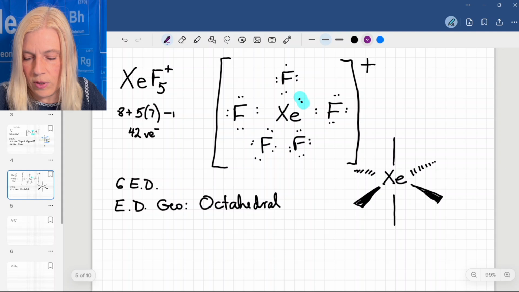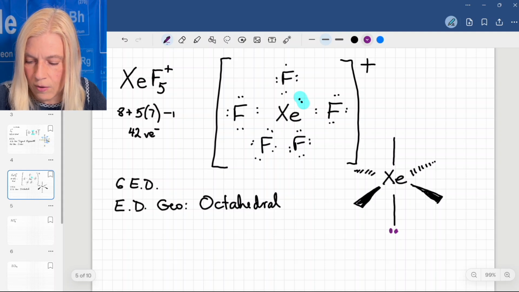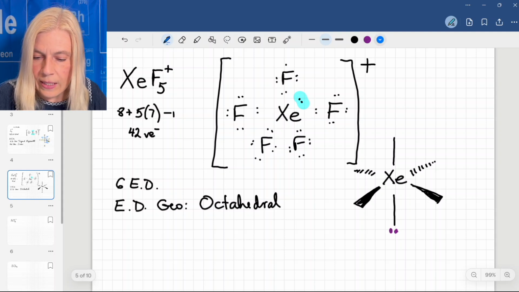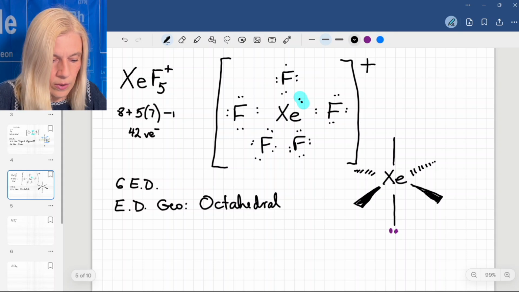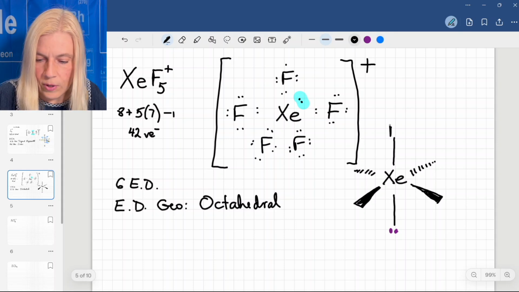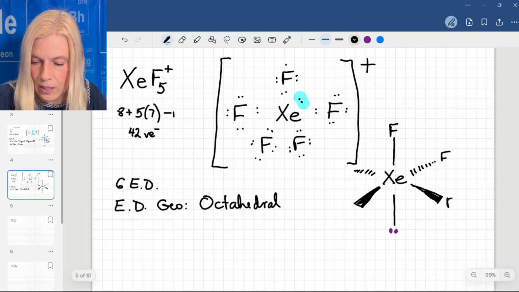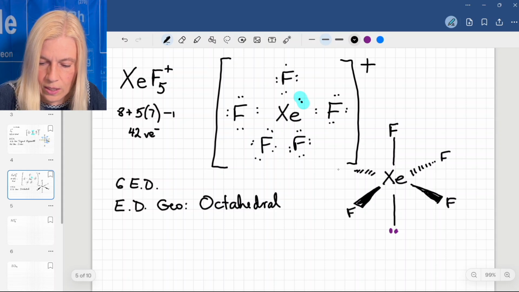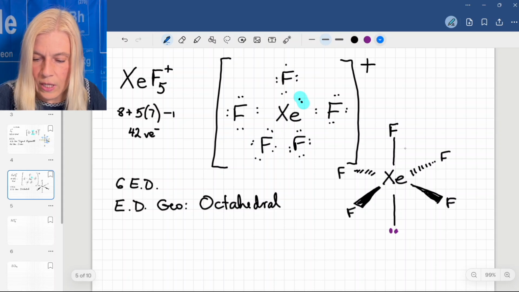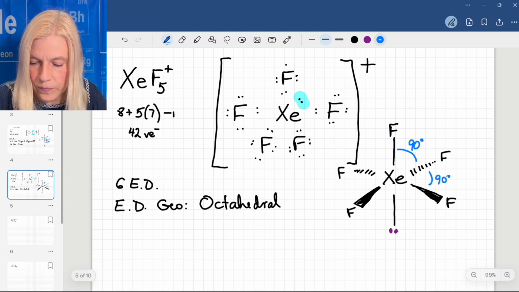It doesn't matter where you stick your lone pair, but I like to stick it on the bottom. And then we draw our fluorine. And the angle between every single one of them is 90 degrees.